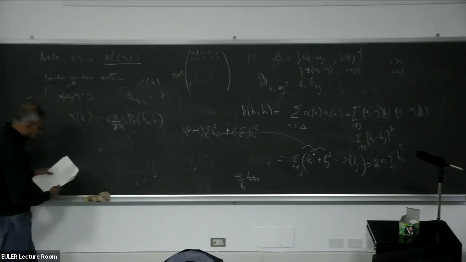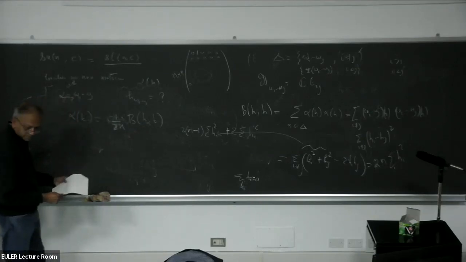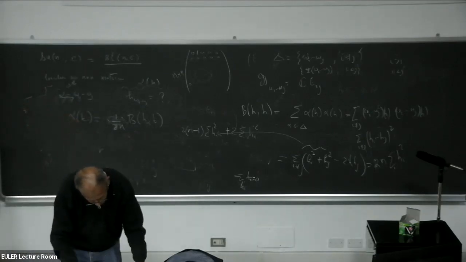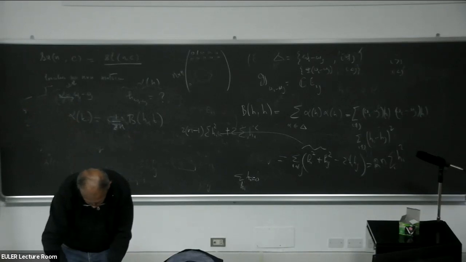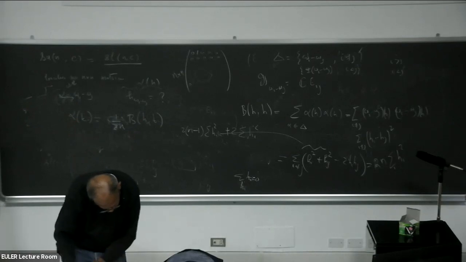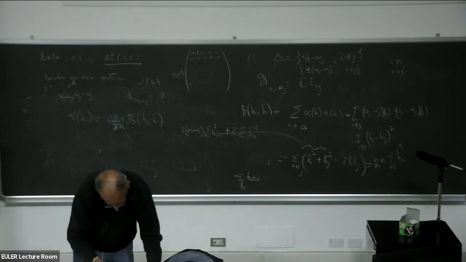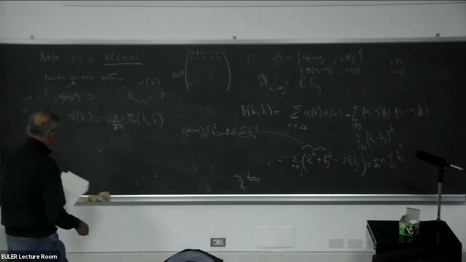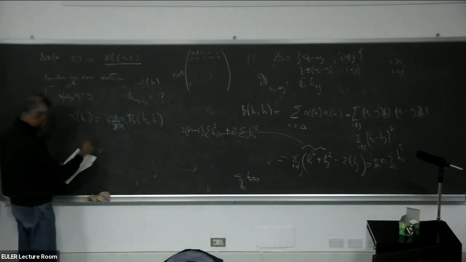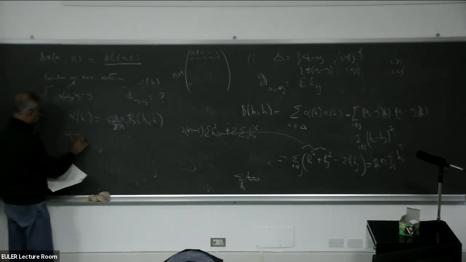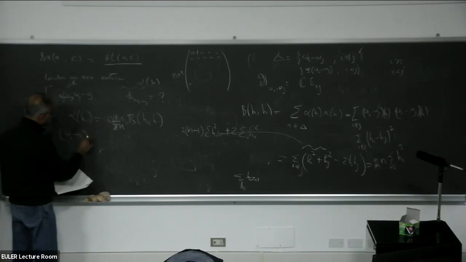So let's go back here. Let's say we apply this to some arbitrary k. So we are looking at omega_i minus omega_j acting on some k, where k is of course an element of the Cartan subalgebra.